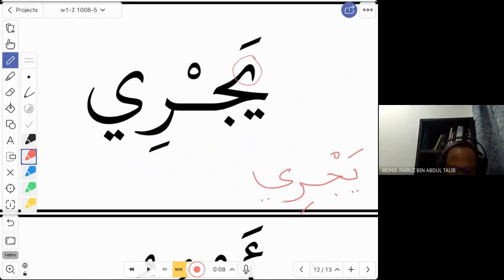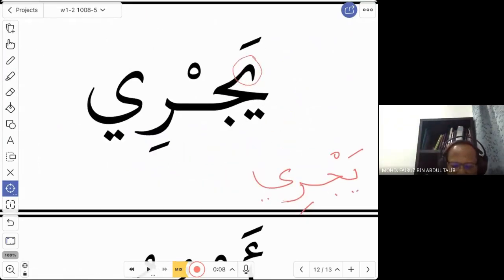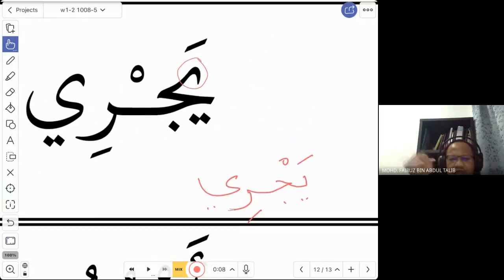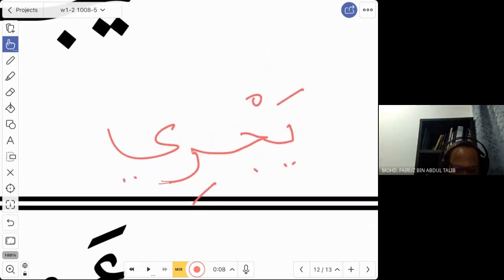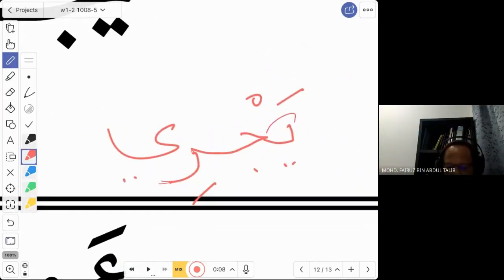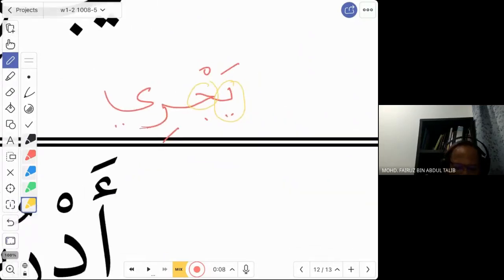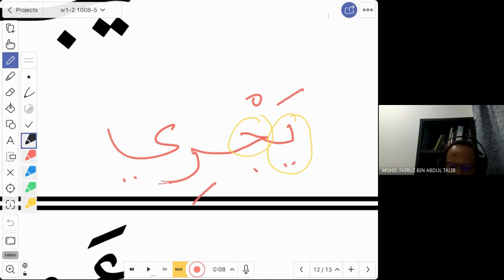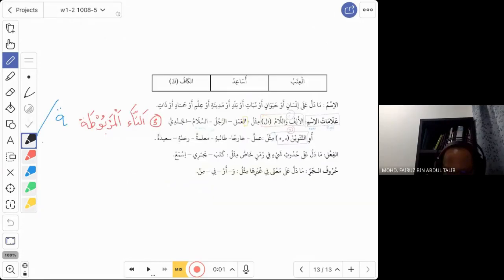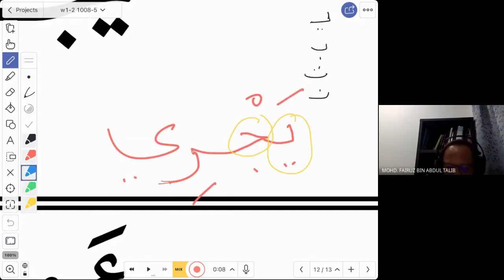But why do they write differently? Let me show you. This is actually a style of writing the letter Ya. And not only for the letter Ya, it is this shape whenever the next letter is with this shape. So it can be a Ya or a Ba or a Ta or a Nun, as long as that is the shape plus this shape.